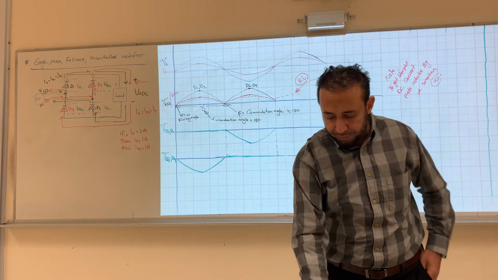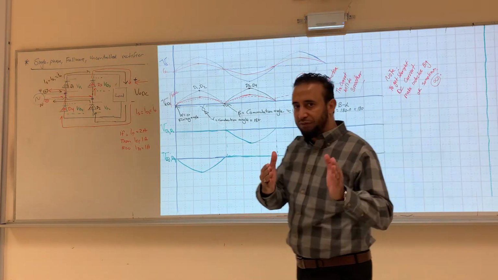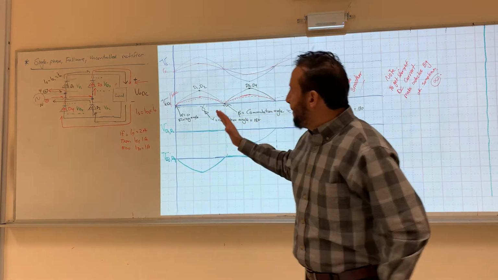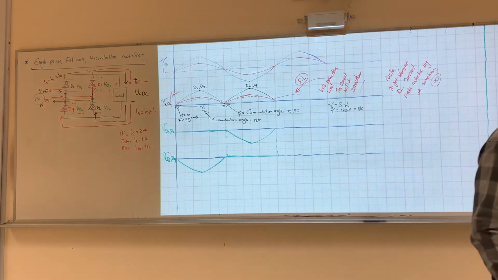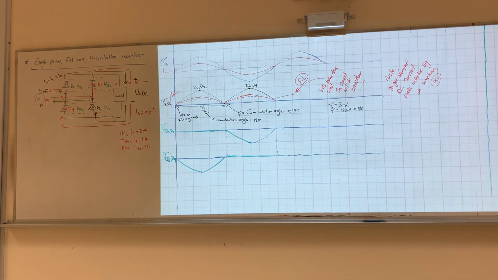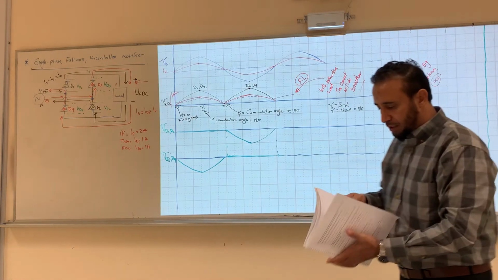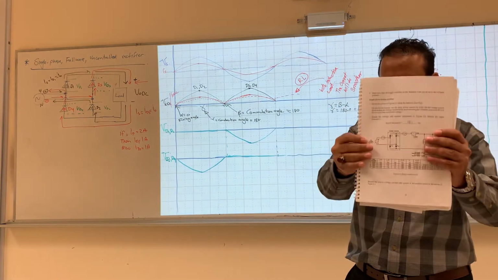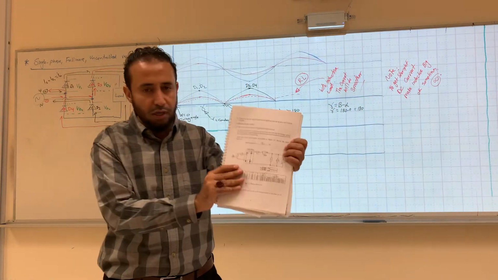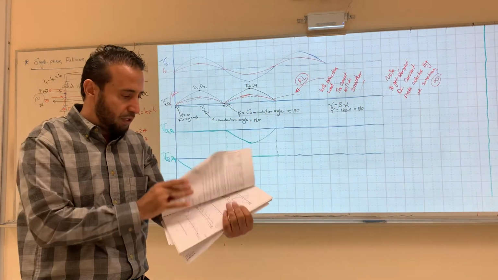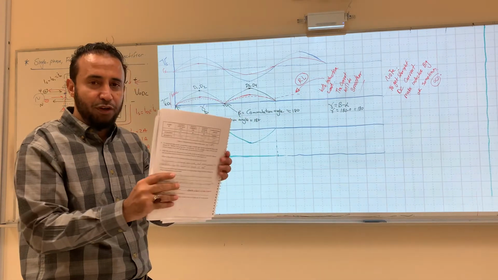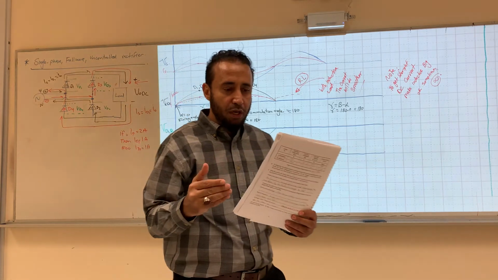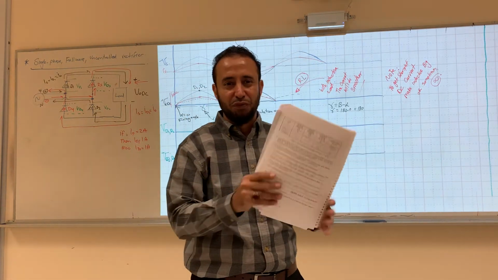In your lab, you're gonna do the same as what we have done in experiment number 1, the single phase half wave. Let me just show you the lab, guys. You're gonna do the connection. You will connect the circuit right here, which is the bridge, okay? And then you're gonna fill the table right here. You will notice that now the voltage of the source will be the same as the output because it's full wave, okay?